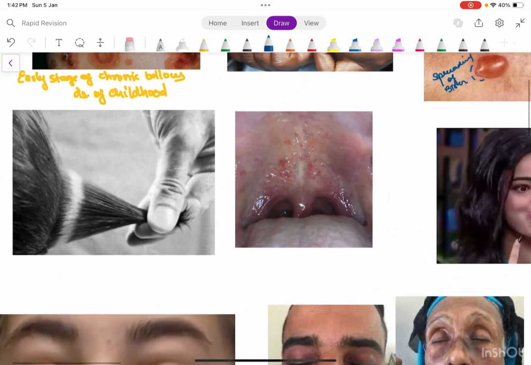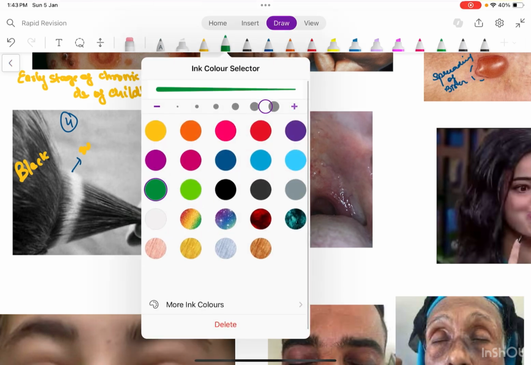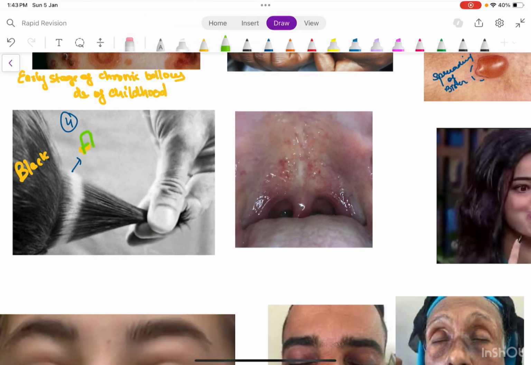Then coming on to the fourth sign. Here you need to appreciate that these are black hair and we have a white hair band, right? So this is what we call the flag sign.